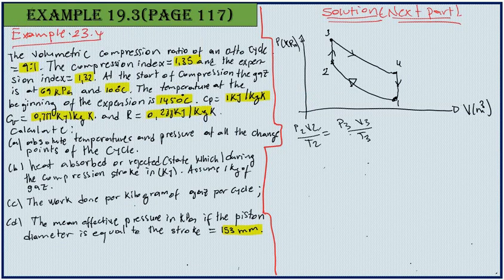Since V2 is the same as V3, the volume cancels out. So we can determine the pressure at 3, because the temperature at 3 is already given.